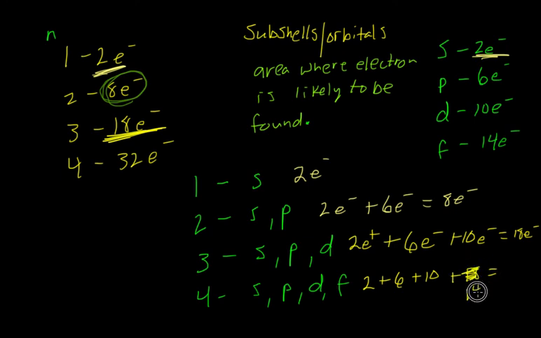This should be 14, because this is the number that I have here. So now let's redo this. 2 plus 6 is 8, 8 plus 10 is 18, 18 plus 14 gives me 32 electrons, which is the same number that we have here. So these are basically the subshells and orbitals that you would find in your principal energy levels.